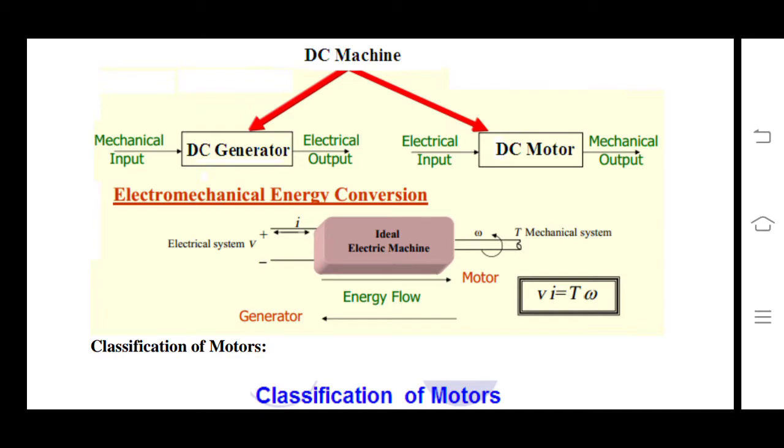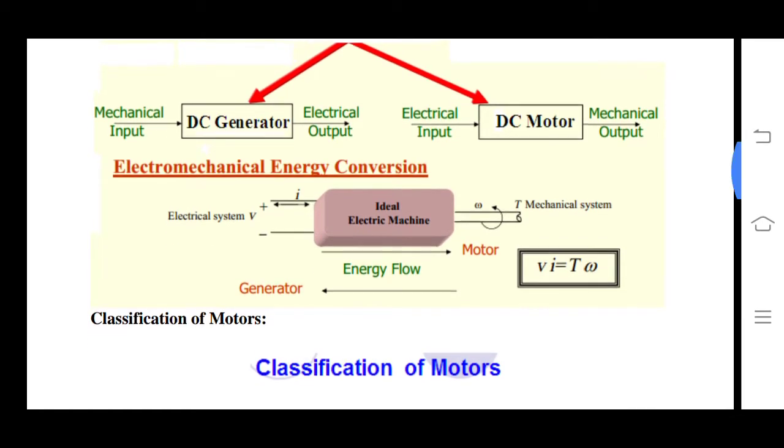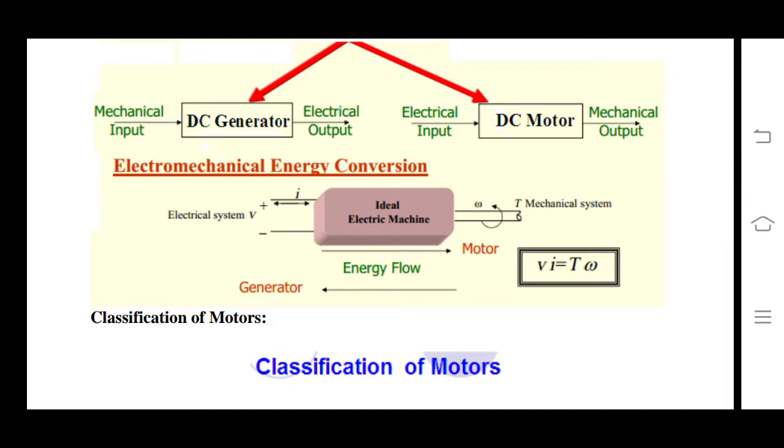Consider an ideal electrical system, see the figure. The supply V is given, then the current I flows in the machine, and the machine converts its electrical power, that is volt ampere, into mechanical power, that is torque into angular velocity.